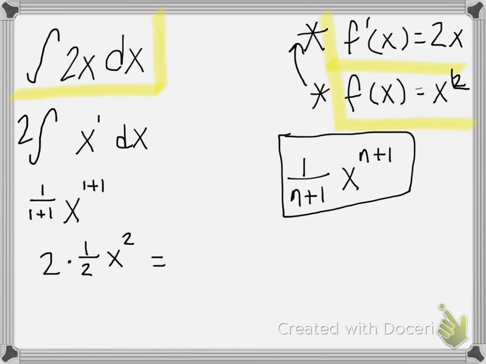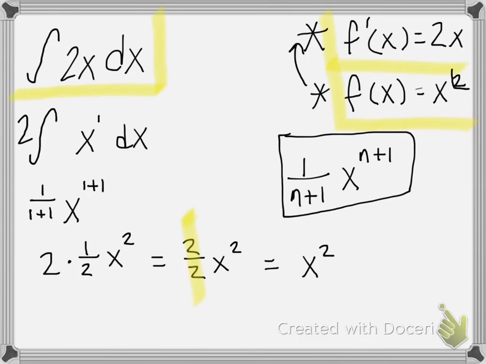And so when you multiply that, you get 2 over 2 x squared, and of course that's just going to become 1, and so that is going to be just x squared.